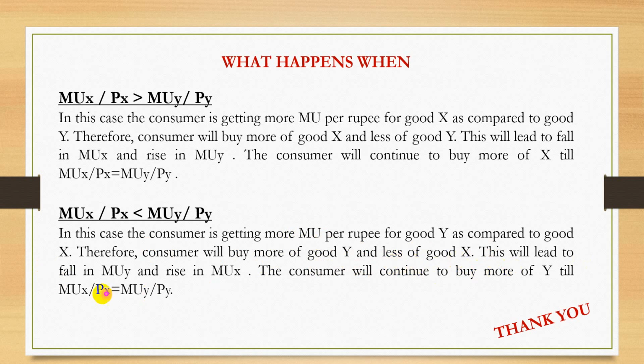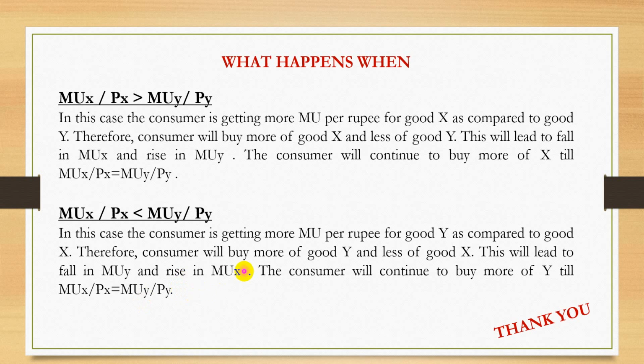This will lead to fall in marginal utility of Y and rise in marginal utility of X. The consumer will continue to buy more of good Y till marginal utility of X divided by price of X is equal to marginal utility of Y divided by price of Y.